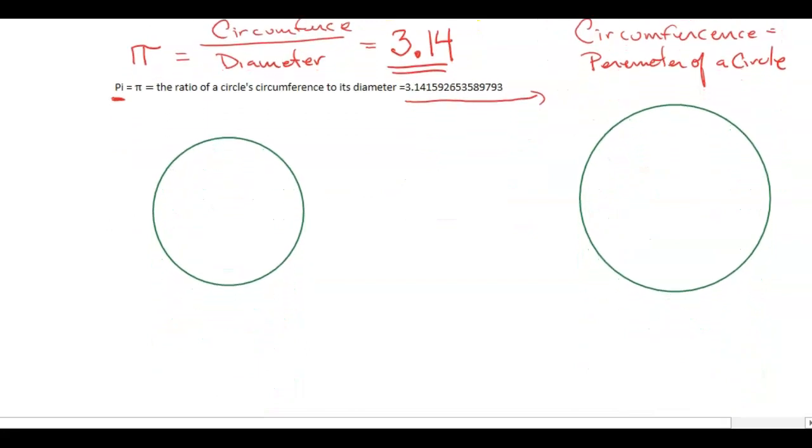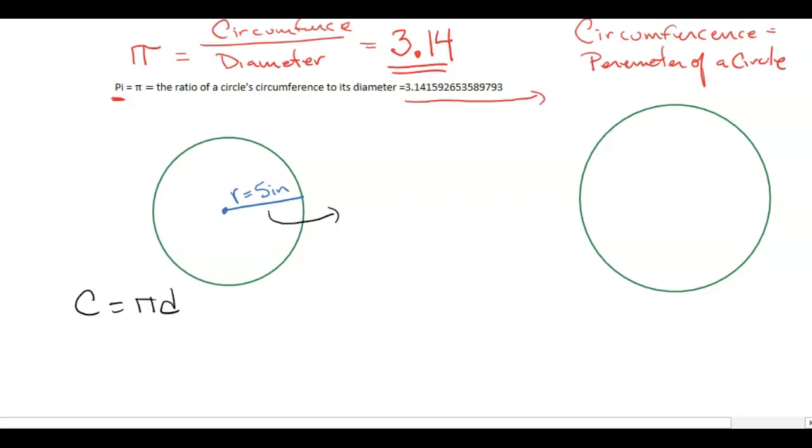Let's say we started with a circle, and we were told in this circle it had a radius equal to 5 inches. Let's see if we could figure out our circumference and our area. We know that circumference is always pi times the diameter.